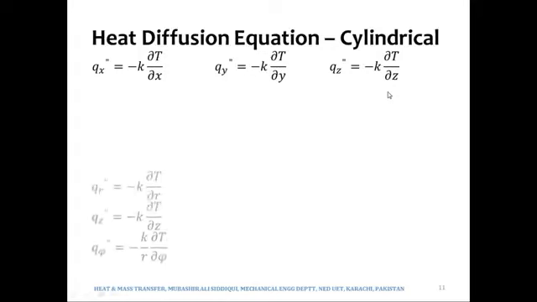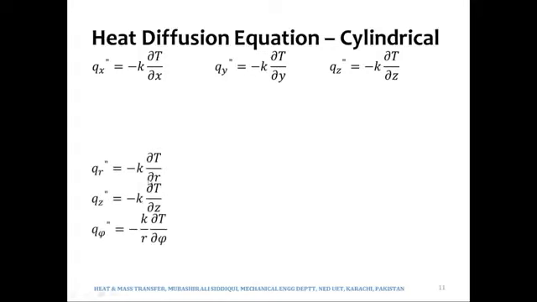Now when it comes to the cylindrical coordinate system, instead of having x, y and z, we have r, z and phi, where r is the radial direction or dimension, z is the dimension along the length of the pipe, and phi is an angle.